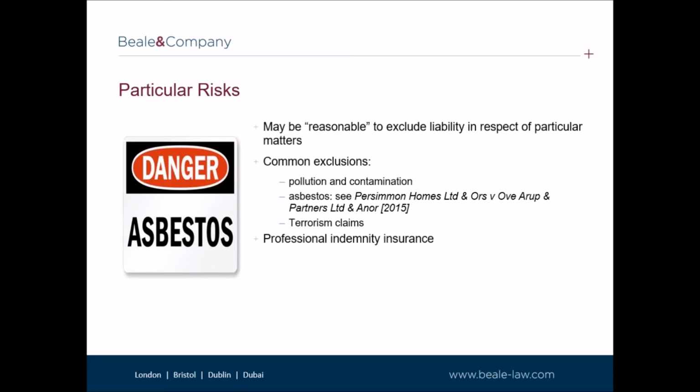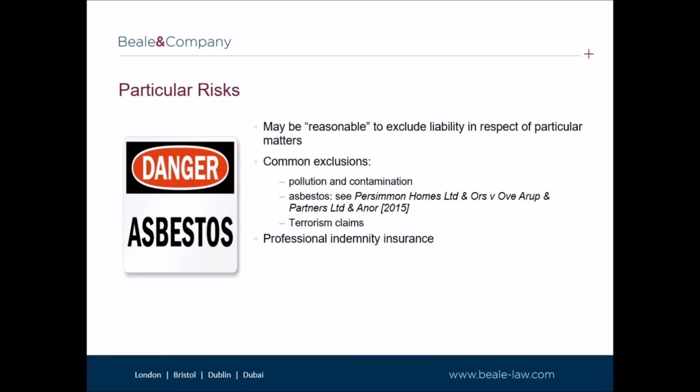The consortium commenced proceedings claiming damages for breach of contract and negligence for failing to advise of asbestos at the site, classic issue perhaps. Arup claimed that liability for asbestos was excluded under the 2009 contract.